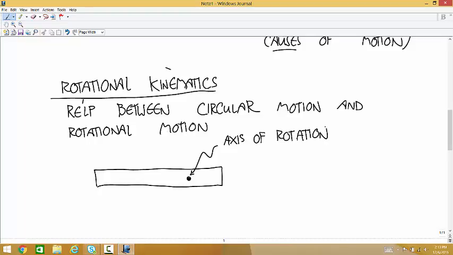So in a way, all that this body is doing is changing its orientation, right? But think about what material points on the body do. Let's say with a marker you drew a dot here and you drew a dot here.